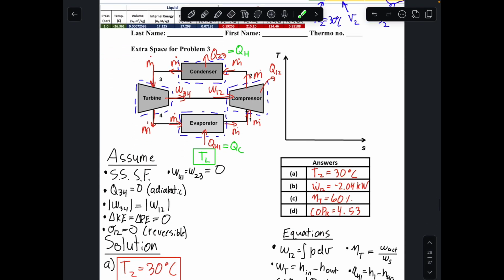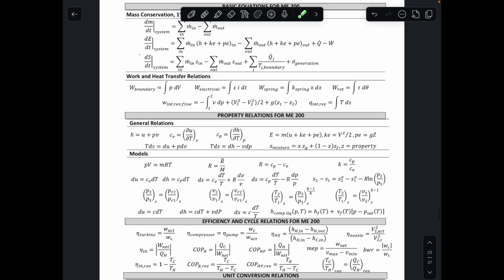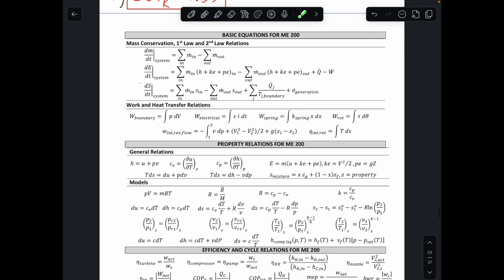So that's what we are going to do with our math here. Remember, in the equation sheet, we have an equation for quality right here where we can substitute z for any property. So here we can just plug in, well, first we'll need to use enthalpy to find the quality, and then we can use the quality to find entropy.